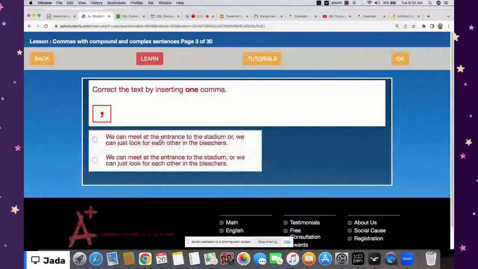"We can meet at the entrance to the stadium, or we can just look for each other in the bleachers." So what is gonna be the right answer here? Is this a compound sentence or complex? Is it the first or the second?